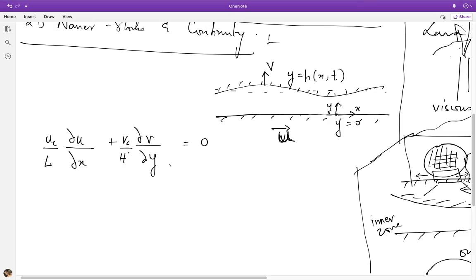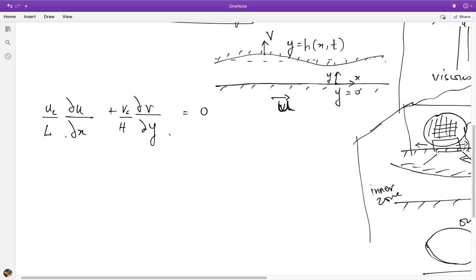But we understand the meaning of this term. Okay, so with this now, we can immediately see that these are the only 2 terms in the equation, so they must always be in balance. And therefore, from here, we can say that Vc must be equal to H by L times Uc, which must be epsilon times Uc, where, of course, epsilon equal to H by L is a small number.